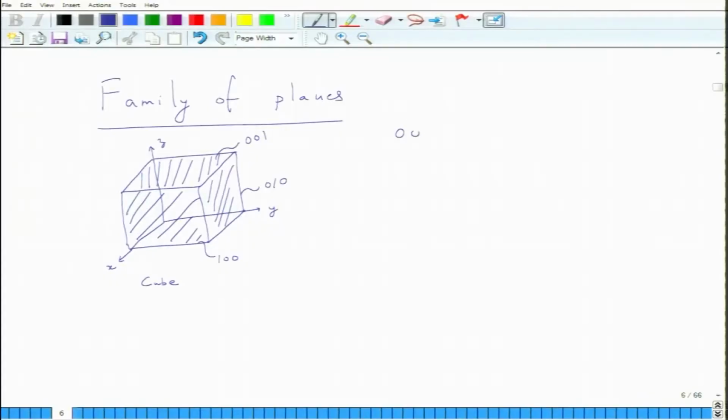So, in a cube 0 0 1, 0 1 0 and 1 0 0 planes are similar planes because of symmetry.